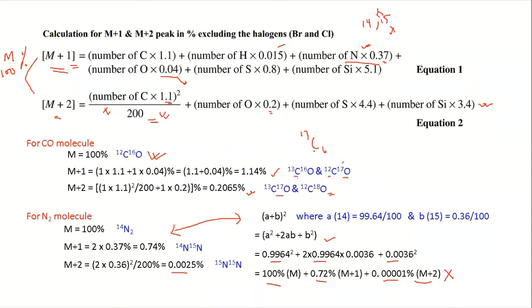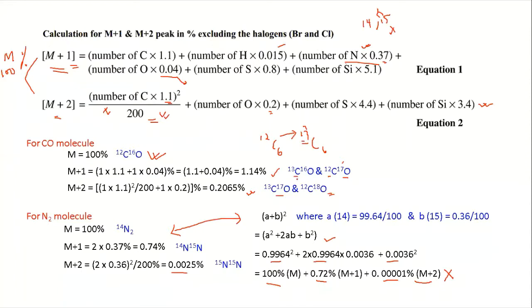Carbon has two isotopes: 12C6 and 13C6. 13C6 is contributing plus 1. 12 is the normal one that has the abundance of 98.9%. So when we consider 13C6, this is a plus 1 contribution. That's why you are taking that one.